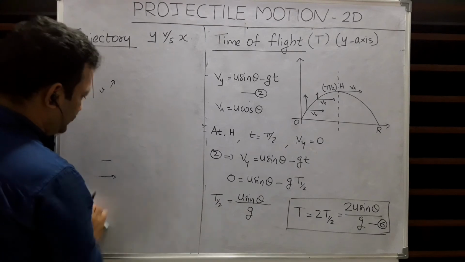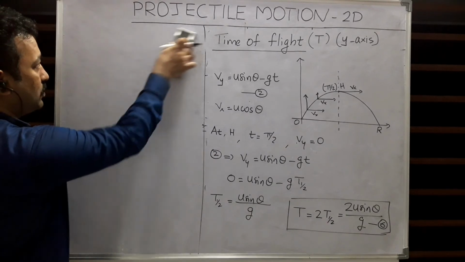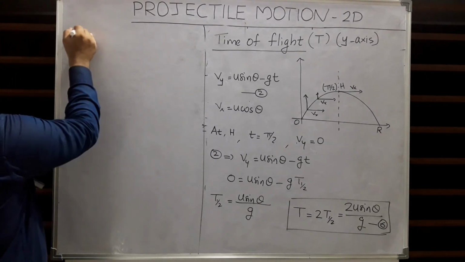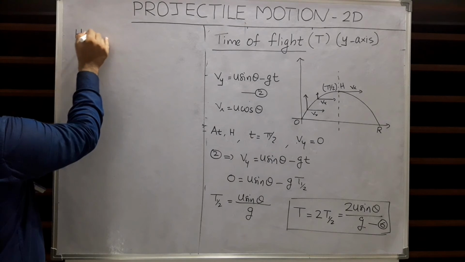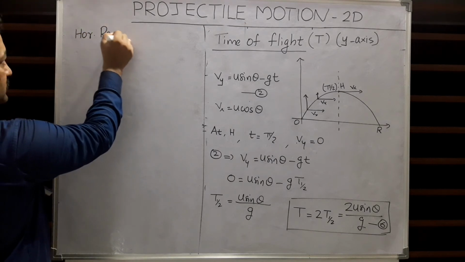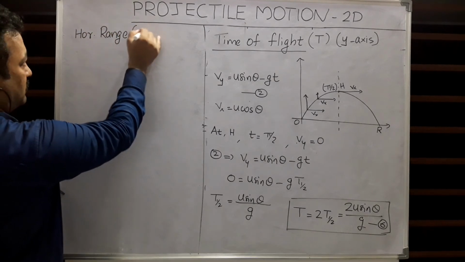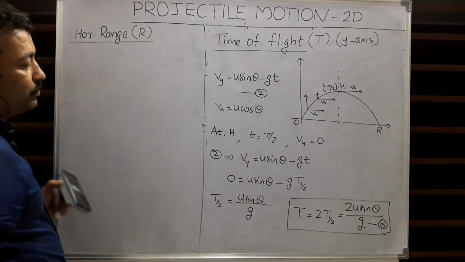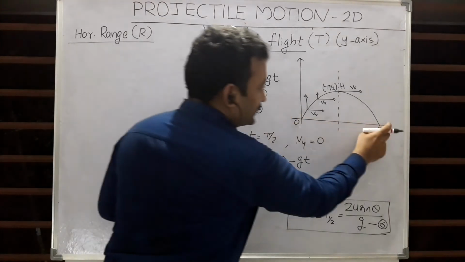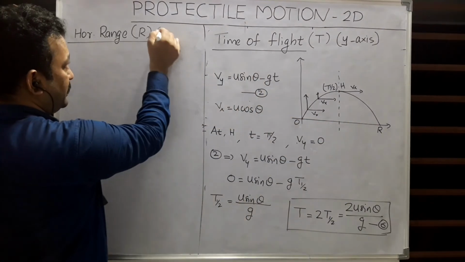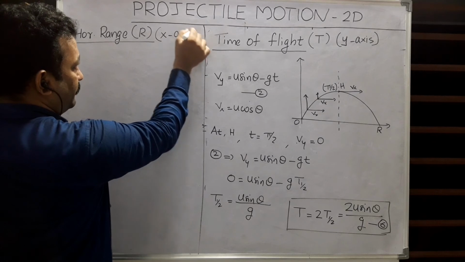Range is known as the maximum horizontal distance covered, also called horizontal range. Range is obviously, as I told you, an x-axis problem.